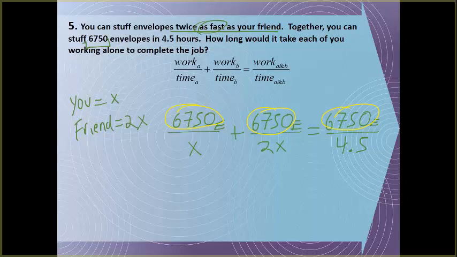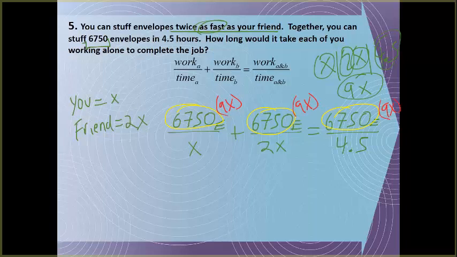So I'm going to multiply the x, the 2x, and the 4.5 to figure out what my denominator is. You multiply only the numbers, which would be 9, and we just have 1x. That's all we need. We don't want to run into quadratics here. And then you multiply each one of the numerators by 9x.